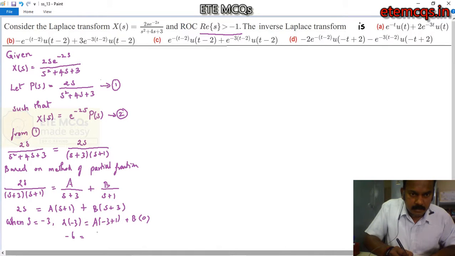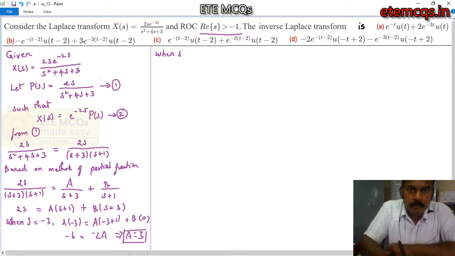Minus 6 is equal to minus 2A, which implies A is equal to 3. So we have obtained A.